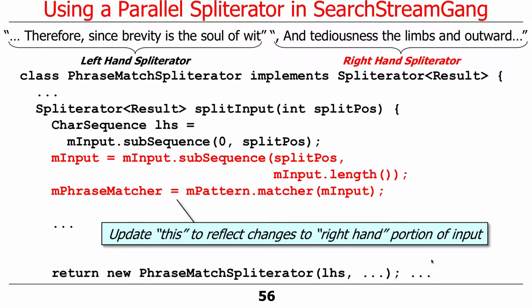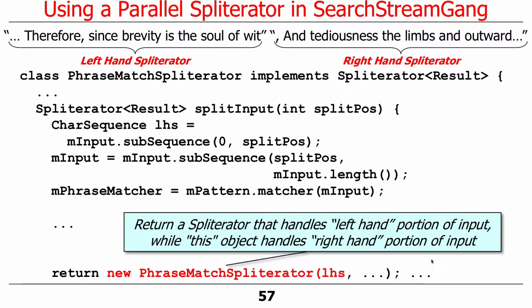Then we update our phrase matcher to indicate the new subsequence, which is just this part. That's what we're going to be searching for in the right-hand side. So we update this to be the right-hand portion. And then we make ourselves a new phrase match spliterator and return it, which will focus on the left-hand side.